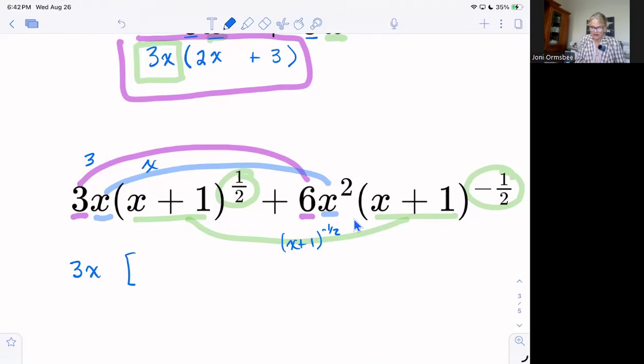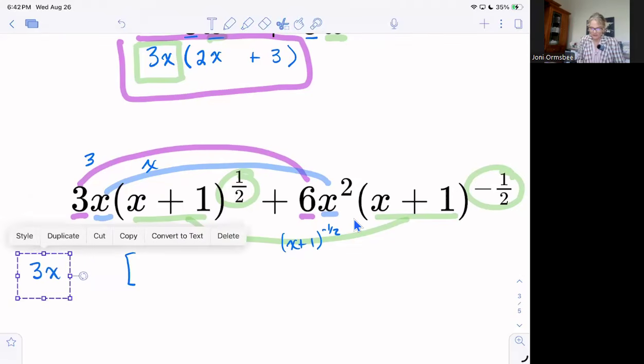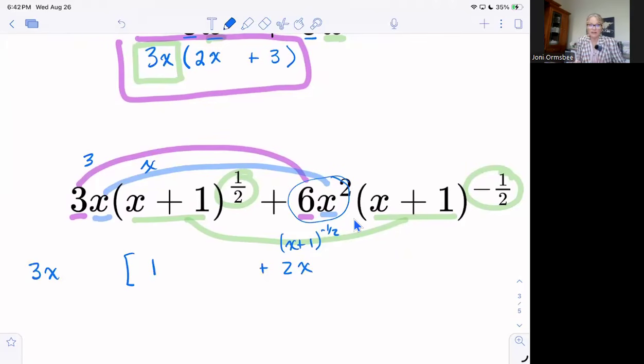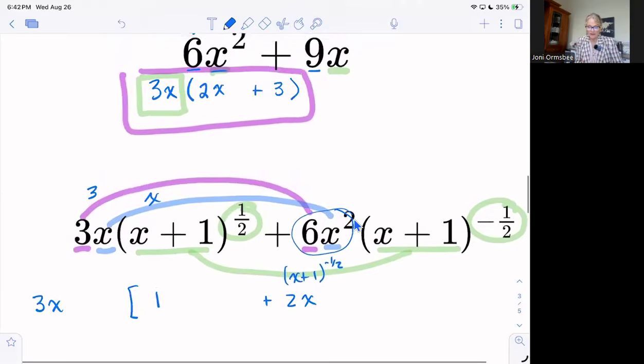And then I'm going to go ahead and just do the first term. So that's the 3x, the first factor there, 3x. Now what we have is a 1 here. All right, then let's look at this right here, 6x squared. We factor out 3x, and we're going to have 2 left, 6 divided by 3, and x squared divided by x. Very similar to what we did above. 3x times 2x right here is 6x squared.